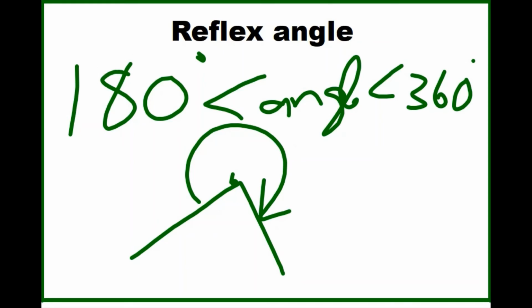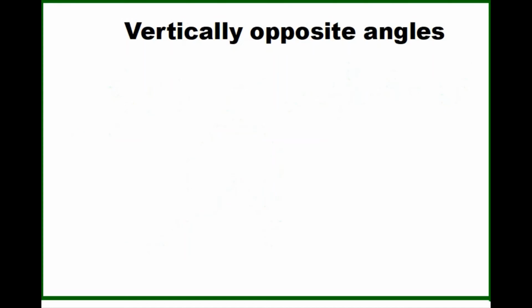Our next type of angle is the vertically opposite angles. So this is a proven theorem already.